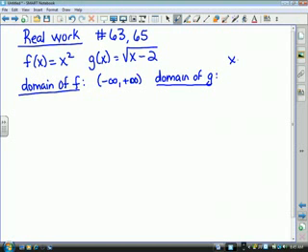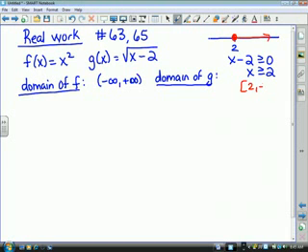So after doing that, you said what's inside the square root, greater than or equal to 0. x is greater than or equal to 2. You can write it that way, or we can think of what the graph would look like on the number line. Do it from 2 to infinity. Either answer is acceptable. So that's the review part of the problem.